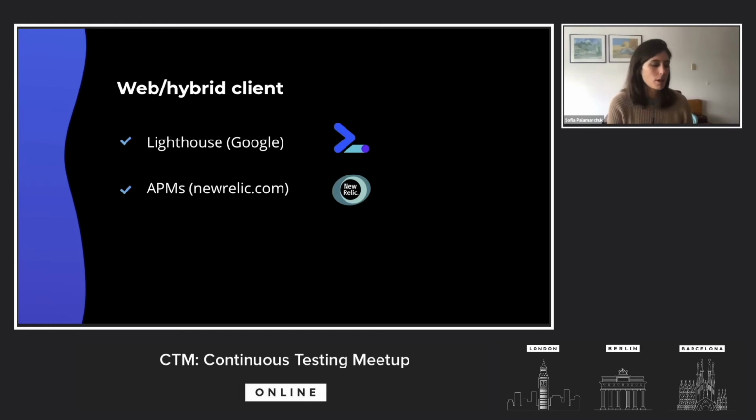It can give you tips on things that you want to optimize, like how to load JavaScript resources, cache policies, and more. And then also all the APM tools out there. So this is application performance monitoring. New Relic is just one of them. There are many, but they will also help you understand what things can be optimized from a client-side perspective of your web app or hybrid app, which is usually web inside a native app.